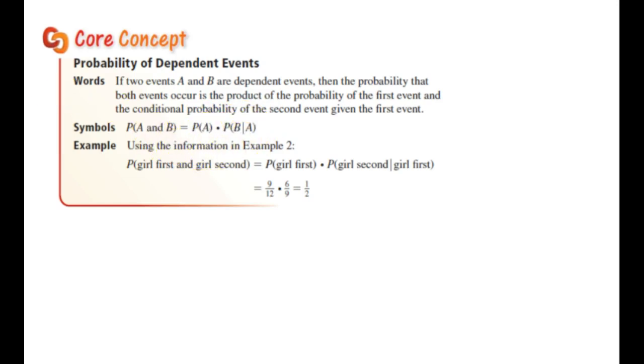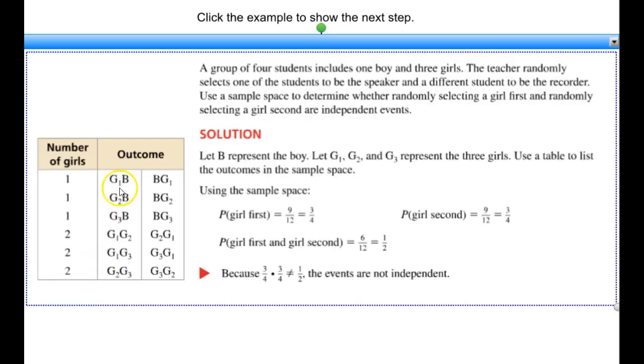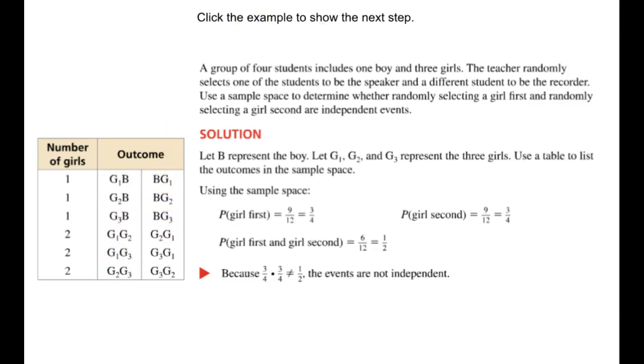So let's look at that last example. My probability that I pick a girl first and I pick a girl second, which is what I was looking at. I find the probability of picking a girl first by counting the number of times. Then I look at my sample space, and if I've already taken a girl first, these do not count anymore because I have not taken a girl first.